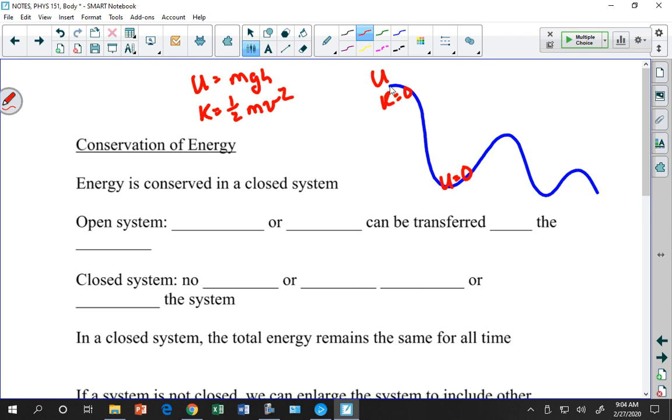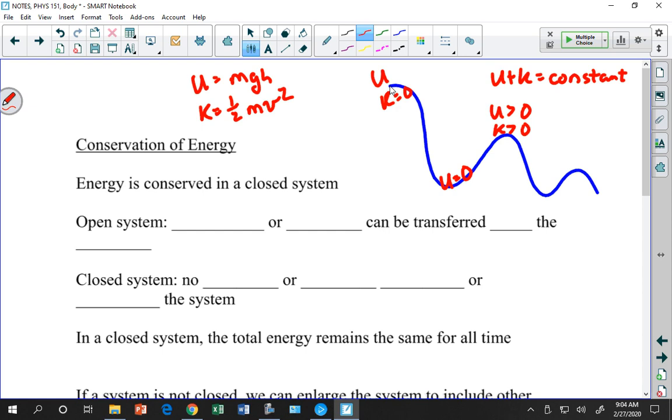And at different places, you would have kinetic and potential that would both be bigger than 0. But the sum of all of these, U plus K, will always be constant. And we talked about that in terms of what the book called the conservation of mechanical energy, because our kinetic energy and our potential energy we call mechanical energy.